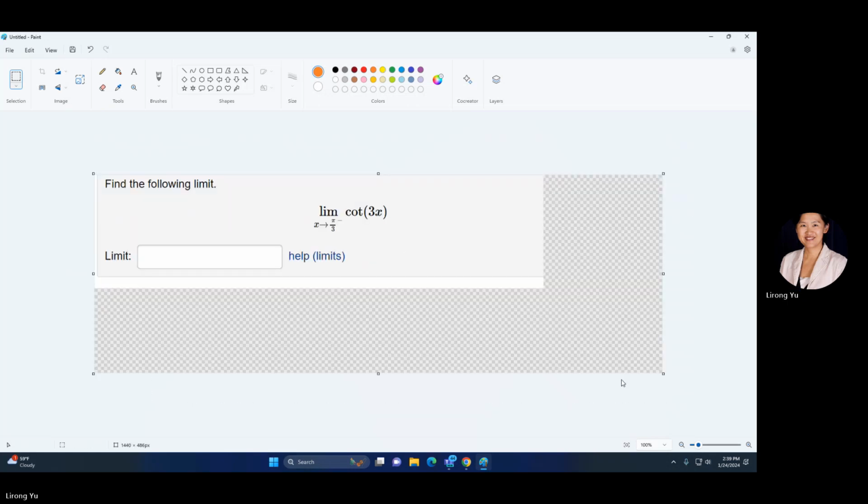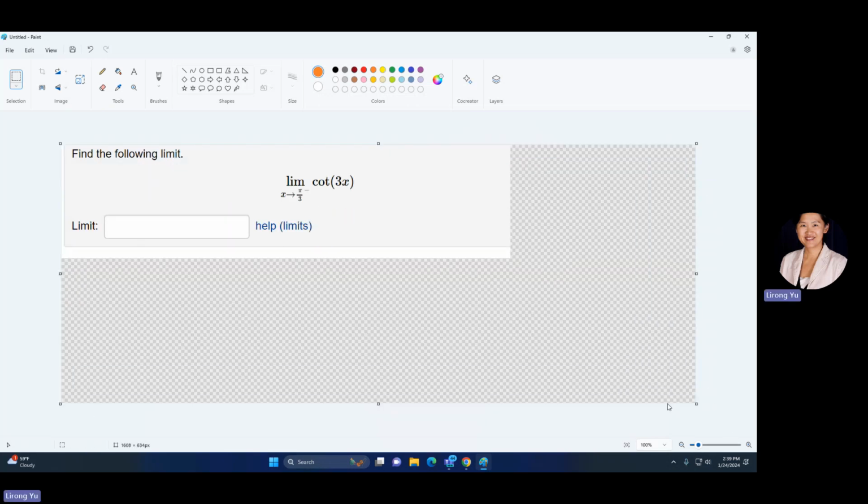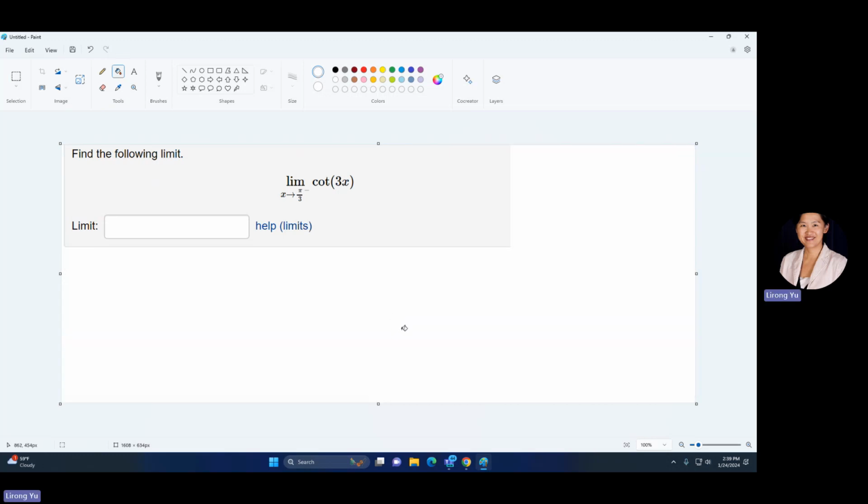Let's see. All right, so again, the technique still, you can try calculating it. This cotangent function is a division, so this is actually cotangent of 3x.